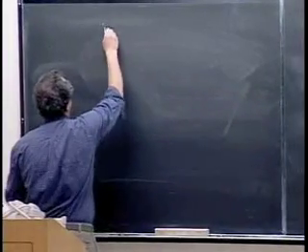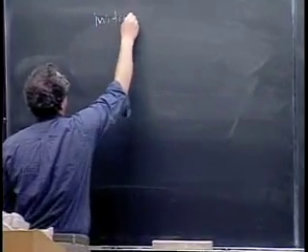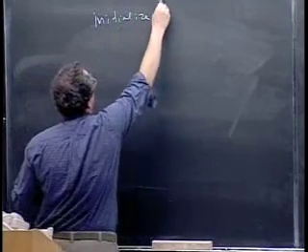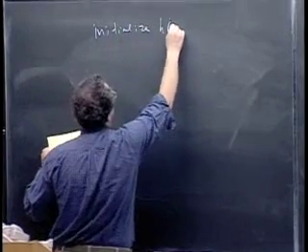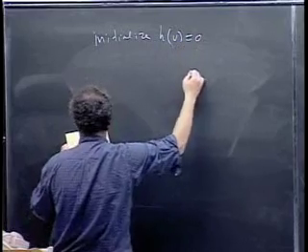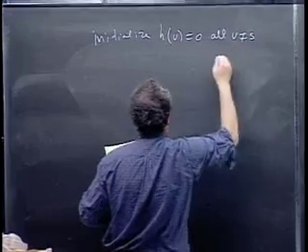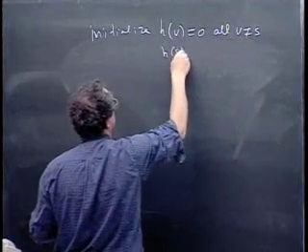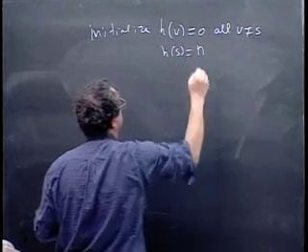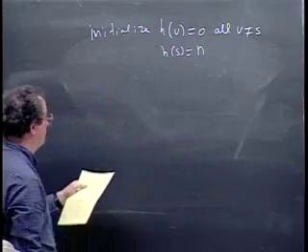So this is initialize. We start out with h(v) equal to 0 for all v not equal to s, and h(s) equal to n. That's how we started out.